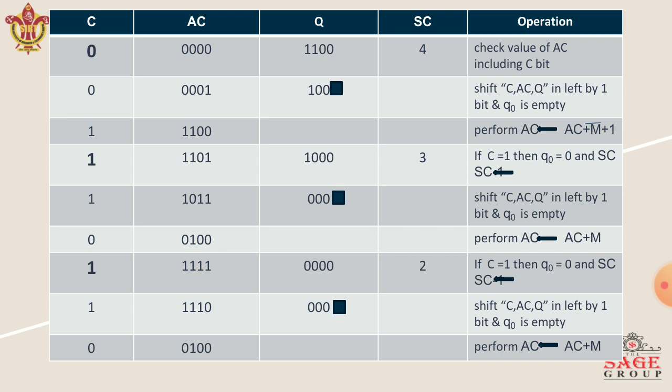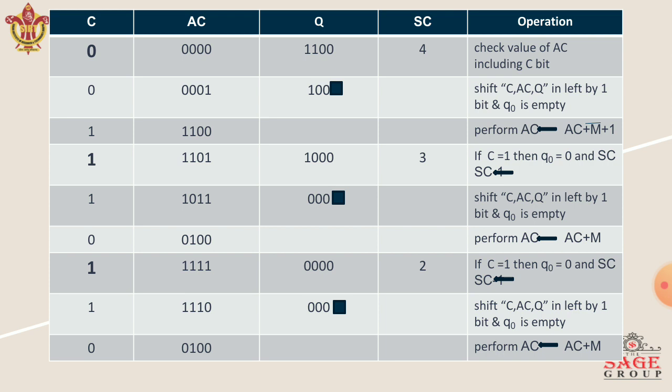So we got the value of AC including C as 11101. Now at that point, we also check the value of C, and we find C is equal to 1.